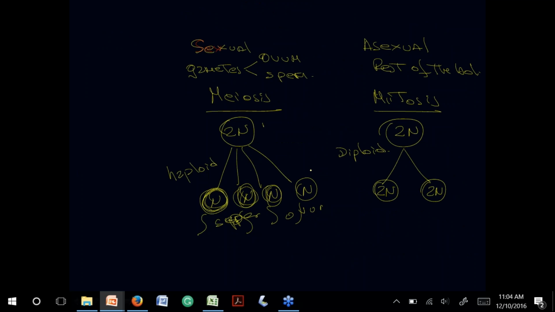Sorry, let's go back here. The process to produce sperm, and the process to produce ovums. The process to form sperm is called spermatogenesis. And for ovum, it is oogenesis.